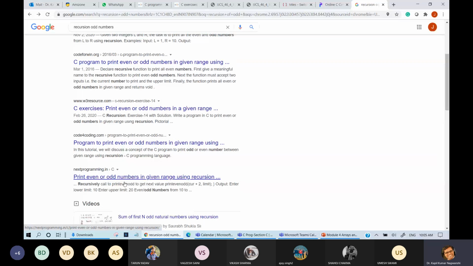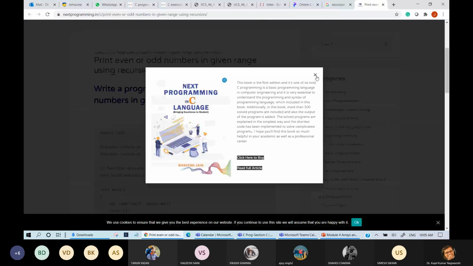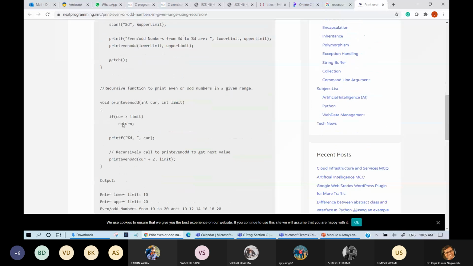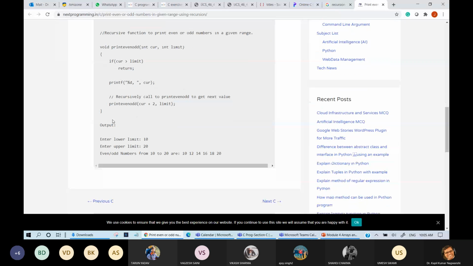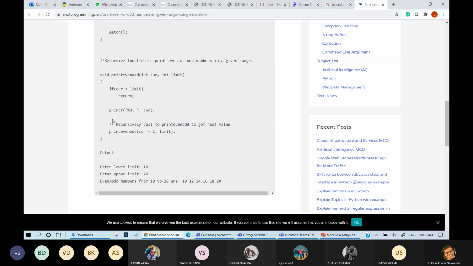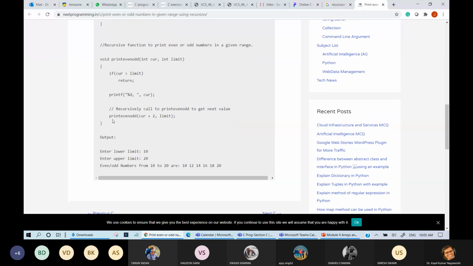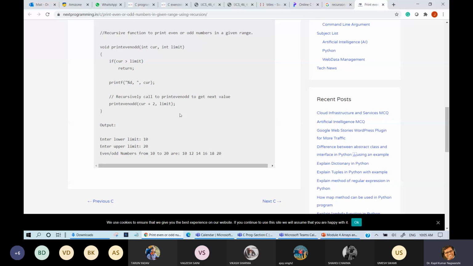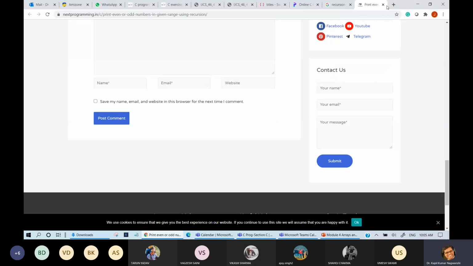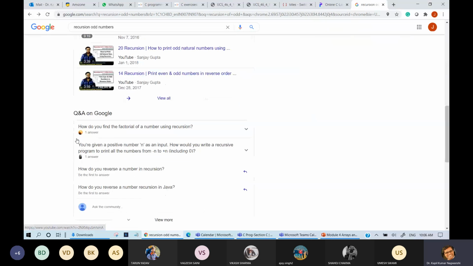Print even or odd number. This is one example, but I am searching for very simple examples so that you will be able to understand very easily.